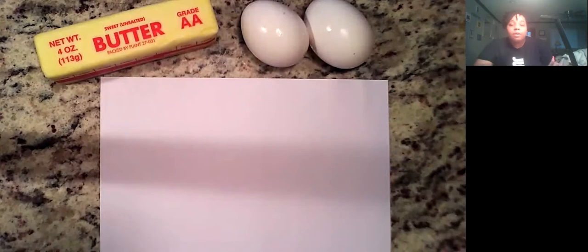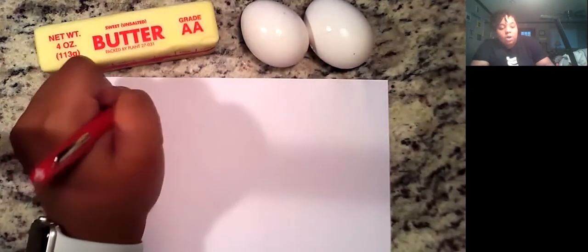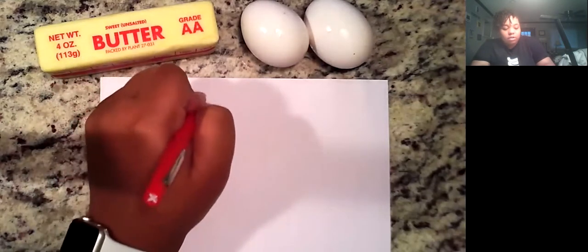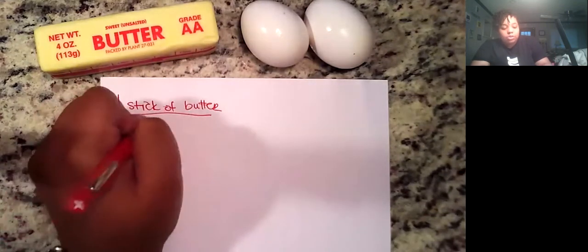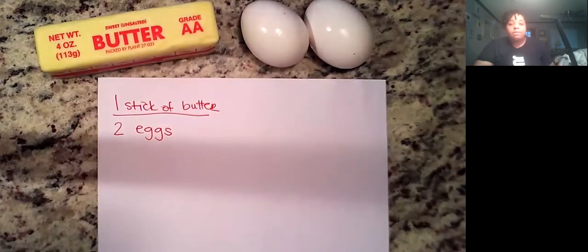So the first way I'm gonna write it is in a fraction. For my recipe, I need 1 stick of butter for 2 eggs. I've written the ratio of butter to eggs in the form of a fraction.